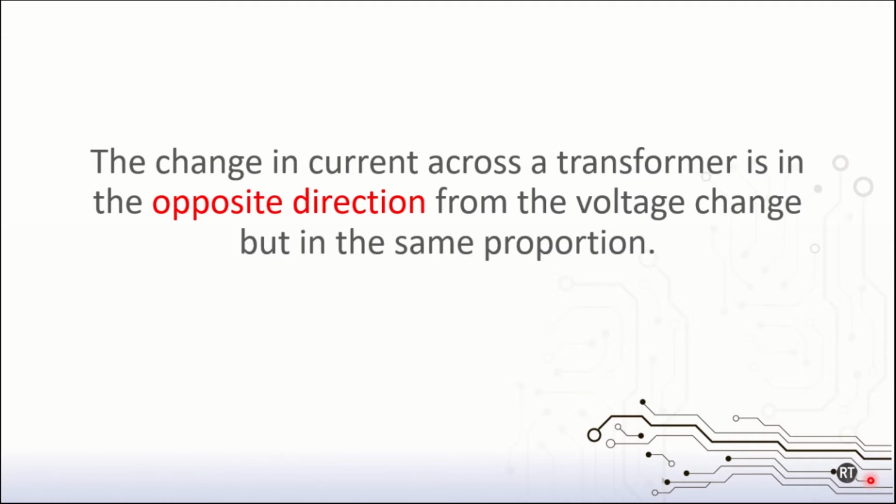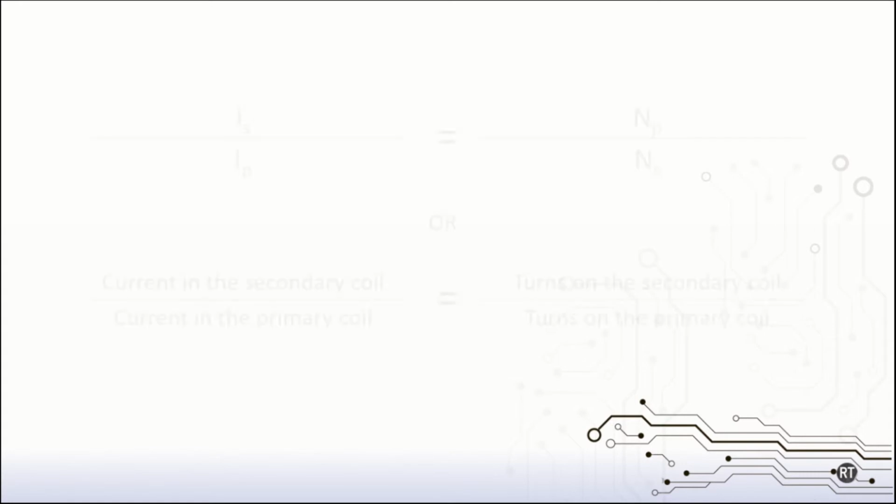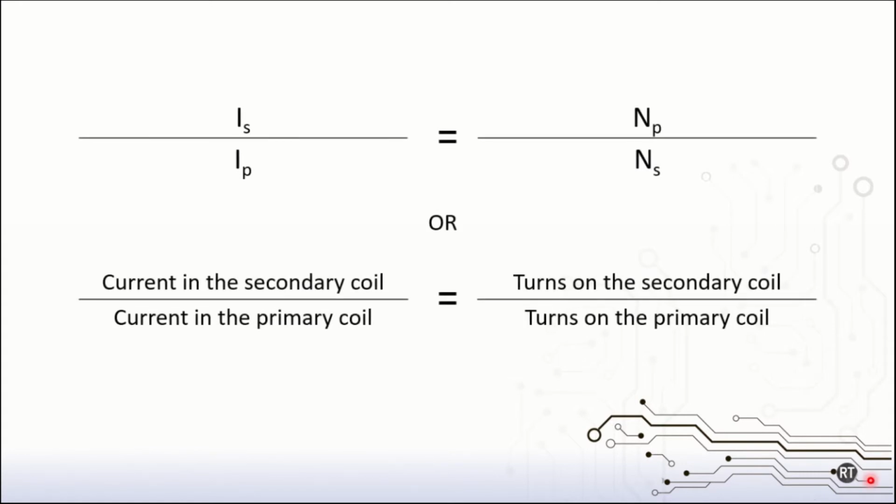This means that the change in current is inversely proportional to the number of turns. Current decreases with increasing number of turns. This is given in the following formula: Is over Ip is equal to Np over Ns, where Is is the current flowing in the secondary coil and Ip is the current flowing in the primary coil.